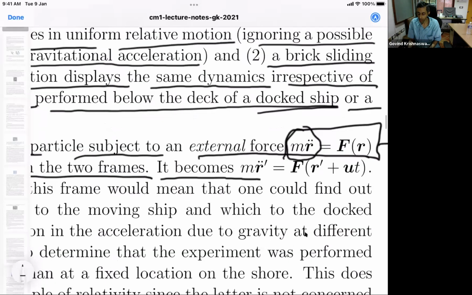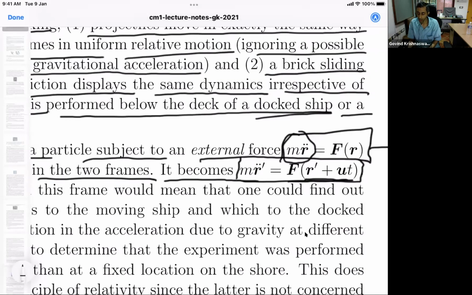It becomes F of r, where r has to be replaced by r prime plus ut. Okay? So this is the equation of motion in the primed frame. And sadly, it is not the same as the equation of motion in the original frame. In particular, the frame velocity u appears in the equation.